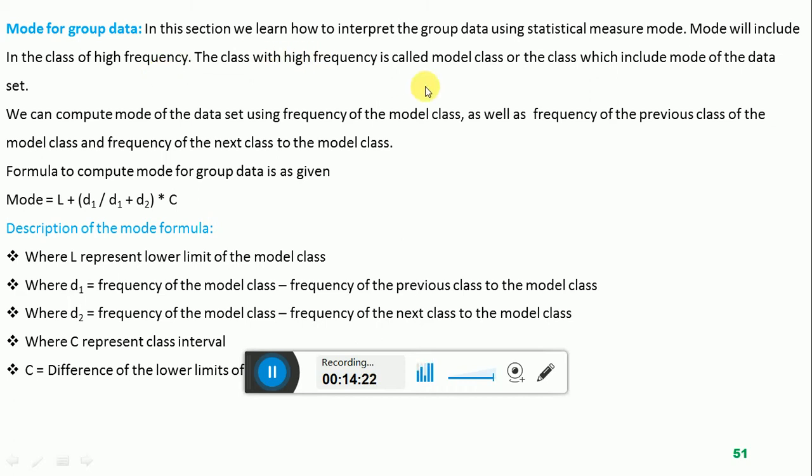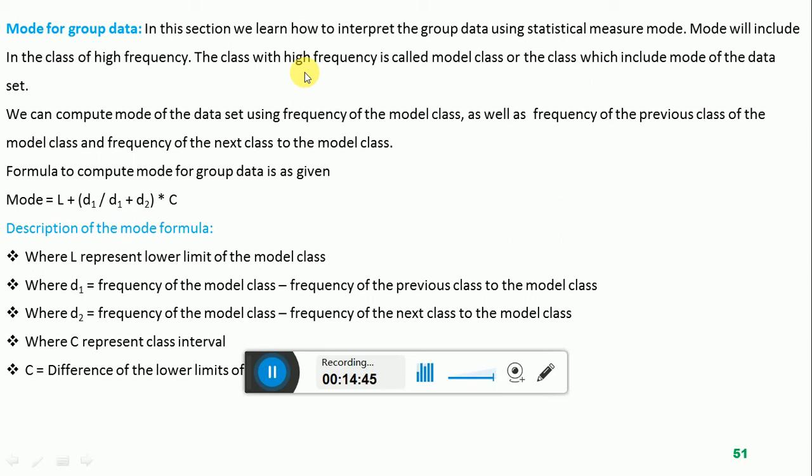The class with high frequency is called the modal class, or the class which includes the mode of the given data set. So for group data, we take the particular class whose frequency is high as compared to all other classes, that will include the mode of the data set, and that particular class is called the modal class.